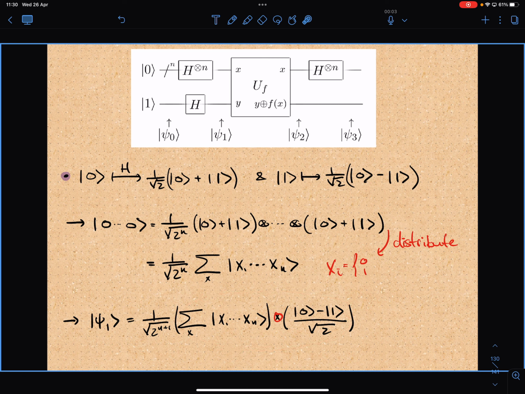And here I don't distribute, I just leave it that way. I'm more interested in the summation of all the possible inputs, that they're equally weighted. Any questions? Does this make sense? So in here we've computed what psi1 is going to be.